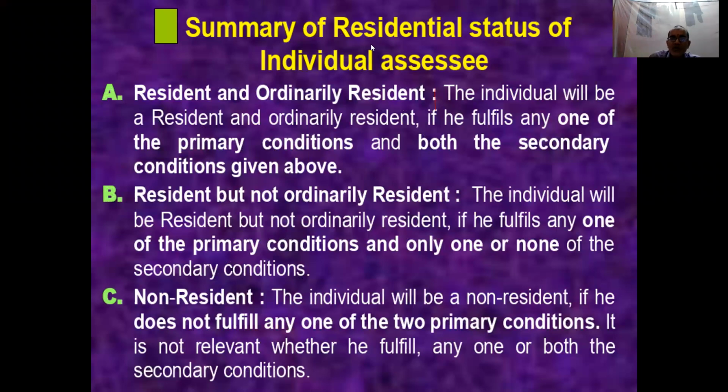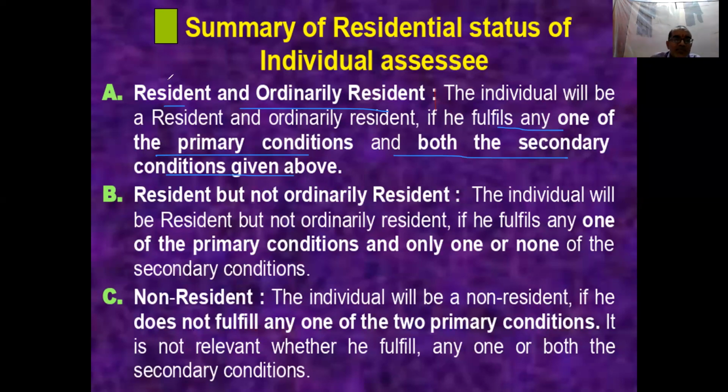A person is going to be treated as resident and ordinary resident if he fulfills any one of the primary conditions. In our example, he has satisfied one primary condition and both the secondary conditions given.